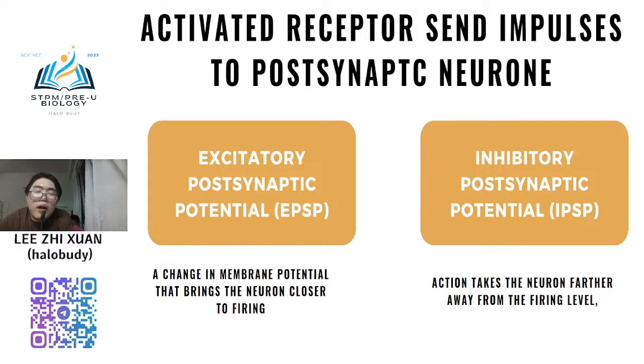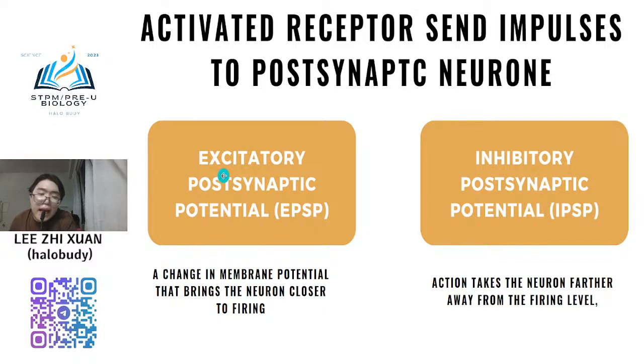And then the impulse that we will have, two types of impulse that we need to learn, are EPSP and also IPSP. EPSP is excitatory postsynaptic potential, and IPSP is inhibitory postsynaptic potential. So excitatory EPSP, you will see the excite.